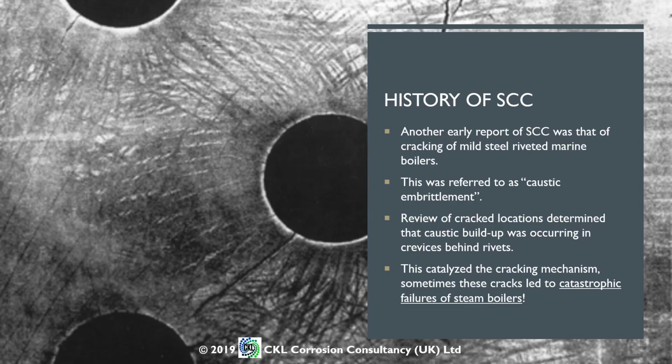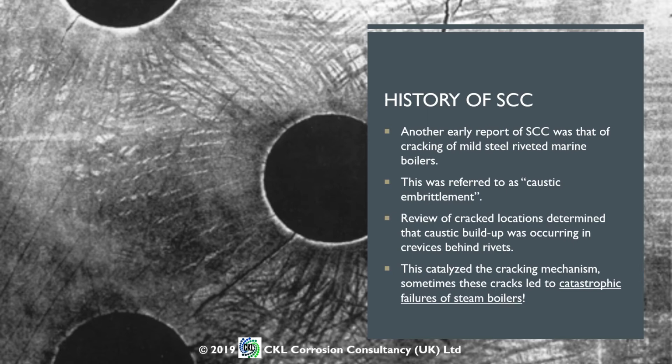Another example of an early report of cracking of this nature occurred in mild steel riveted marine boilers. It was referred to as caustic embrittlement because of the apparent nature of the cracks that formed. It looked as though the material had become brittle.